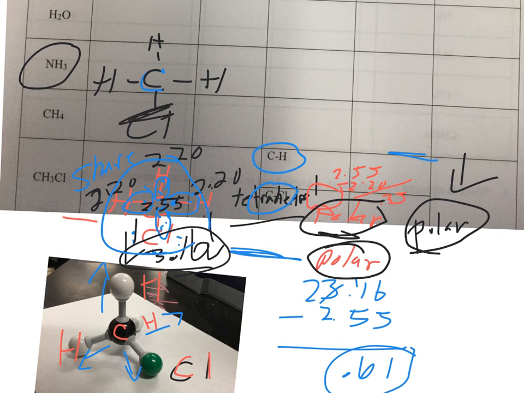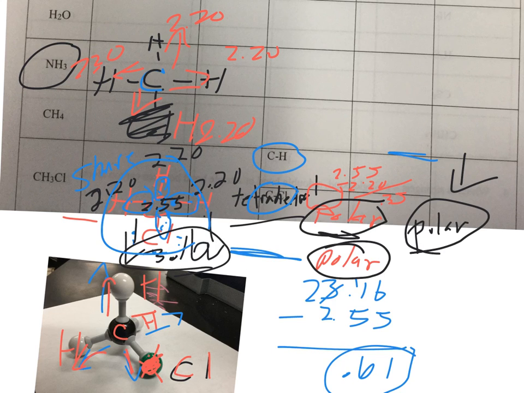Yep, you could change the chlorine to hydrogen. Now they would all be 2.20, 2.20, 2.20, and 2.20. That means you have the same pull on every single side. And instead of this being green, it would be white as well. So every single pull would be the same.